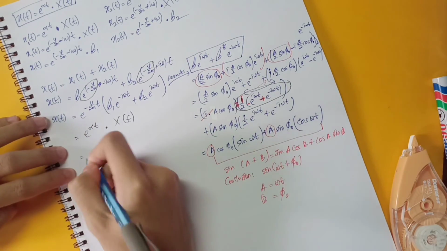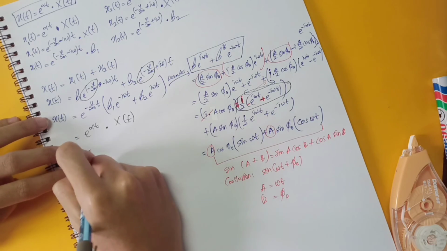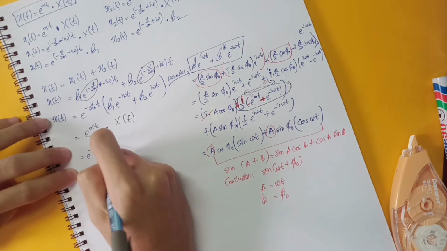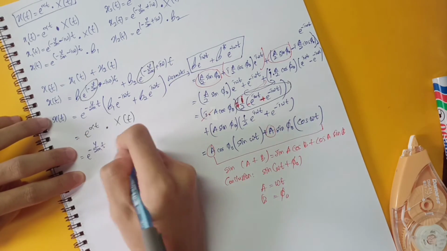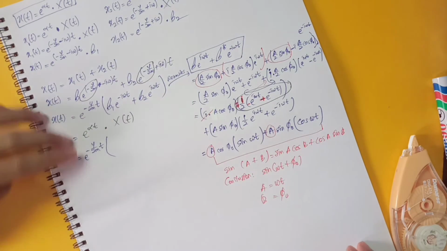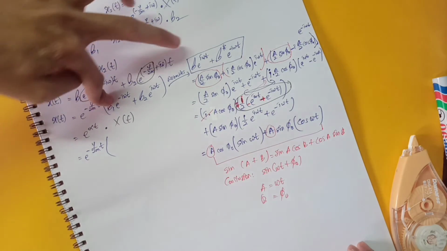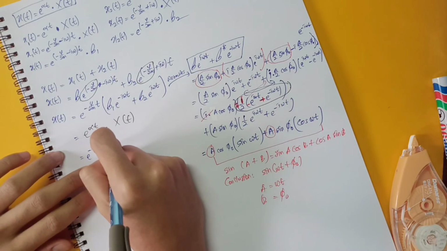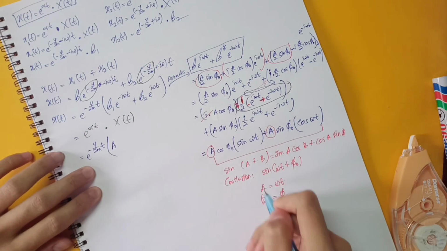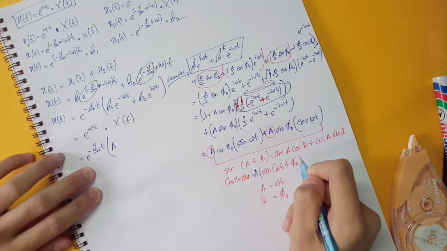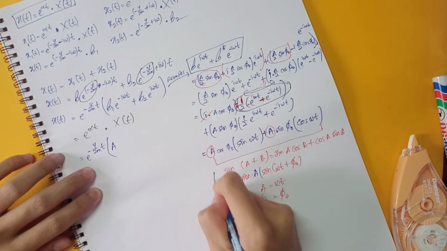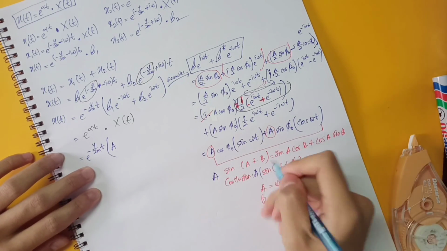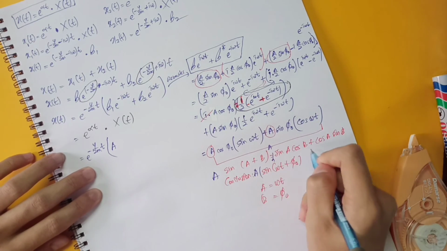So this is equal to exponential power of negative gamma over 2m times t, and since this is actually equal to this one, it should be A here, because there's A here.